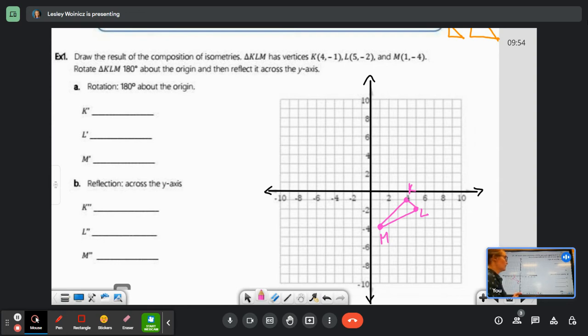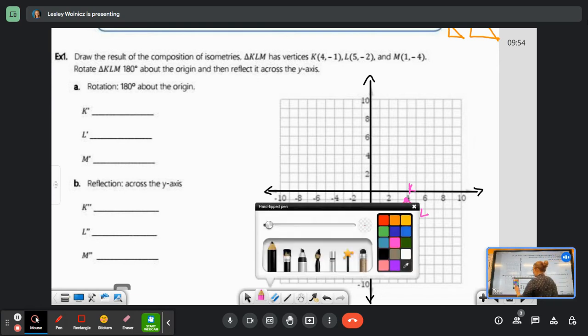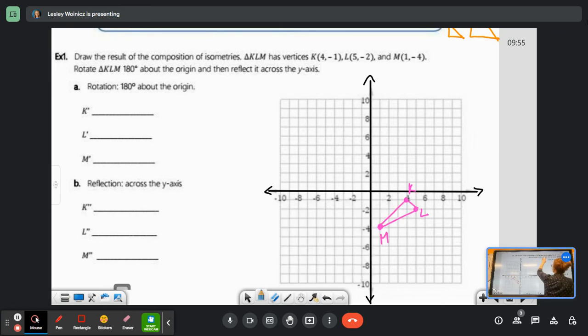We're going to rotate it 180 degrees about the origin. So we need our coordinate rule. We take our x and y and we transform them like this. We don't switch their spots, we just change their signs because we want them to go 180 degrees. So -x, -y.